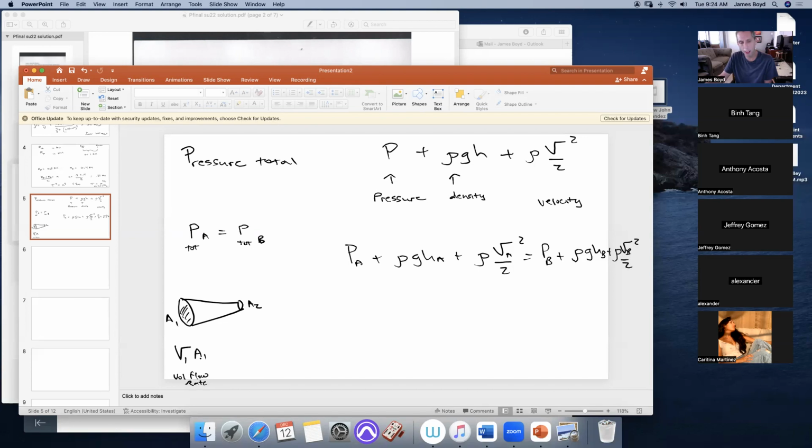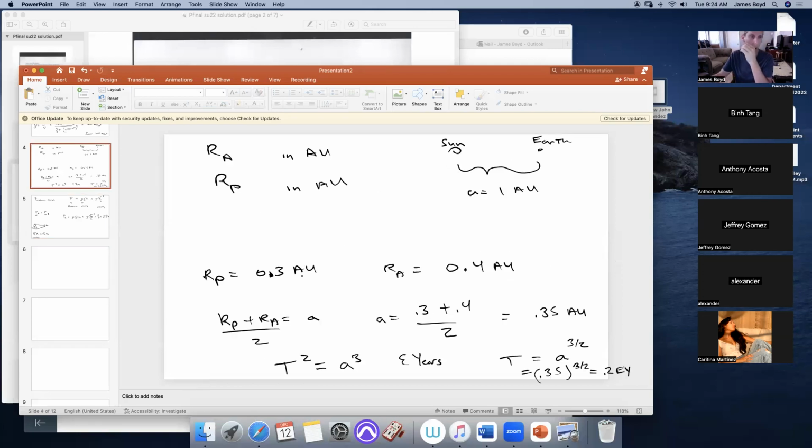This is meters per second, this is meters squared, so we get meters cubed per second. And everywhere, the volume flow rate is constant. So it's called the continuity equation. It's a consequence of the fact that water is incompressible. Whatever comes into a pipe has to leave.